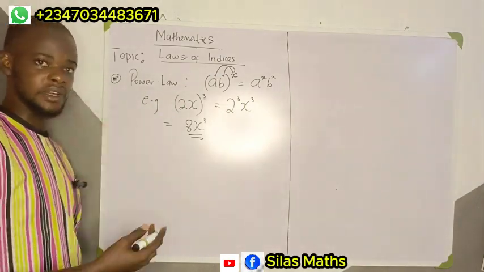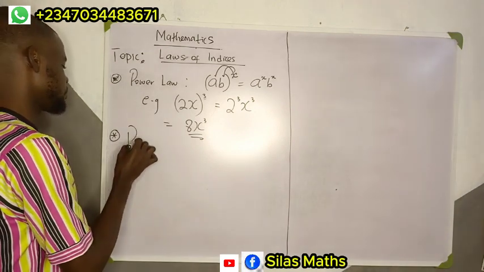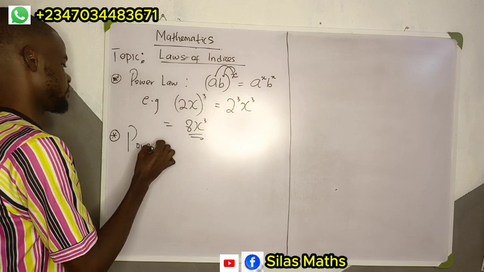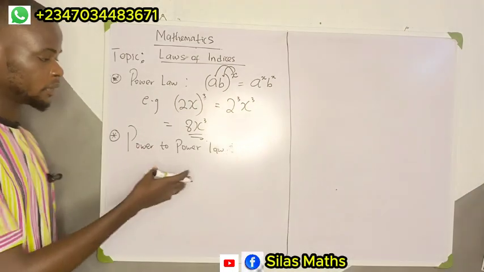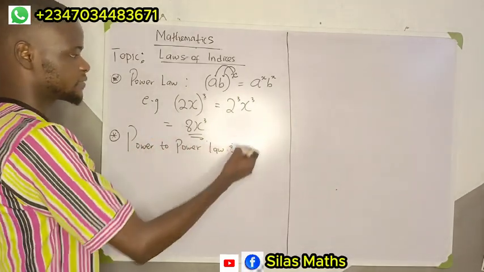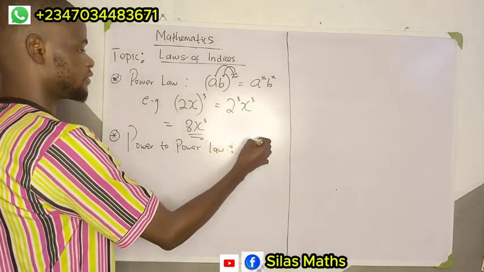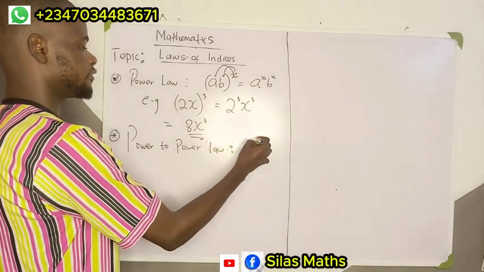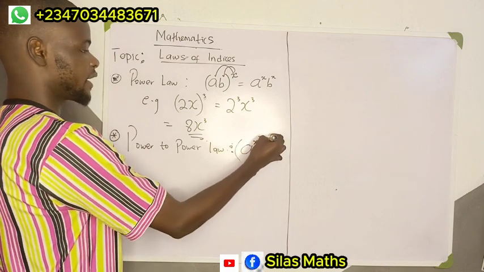Now that's what we call power to power law. Let's assume we have something like A to the power of x, then you close the bracket, you have another power here, y.